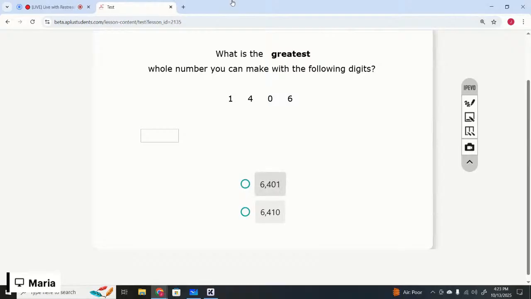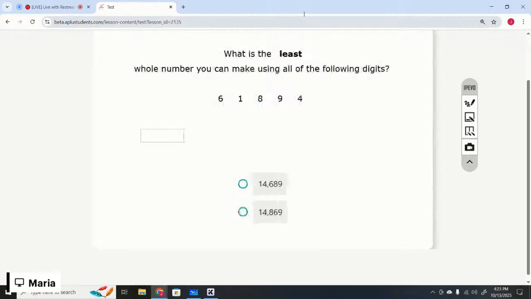That is 6410. Option number 2 is the correct option.